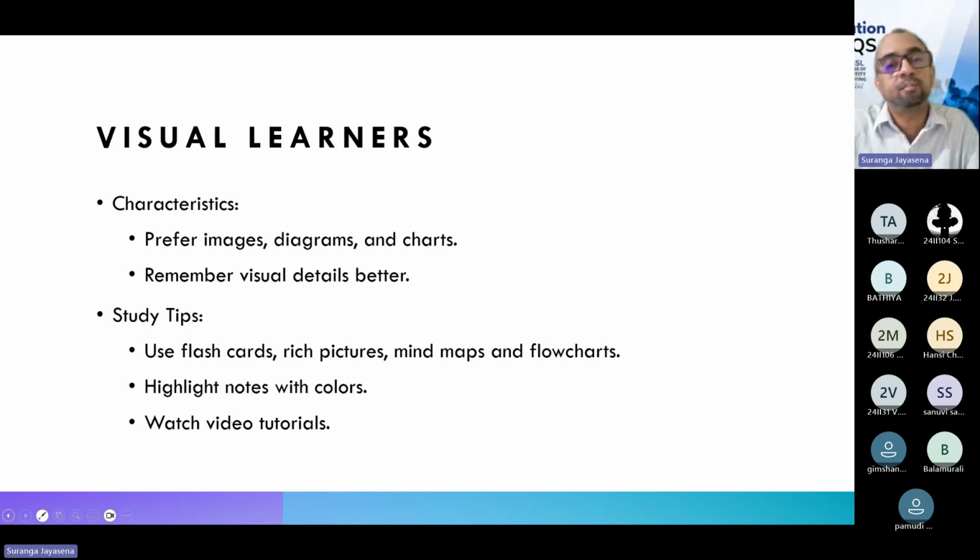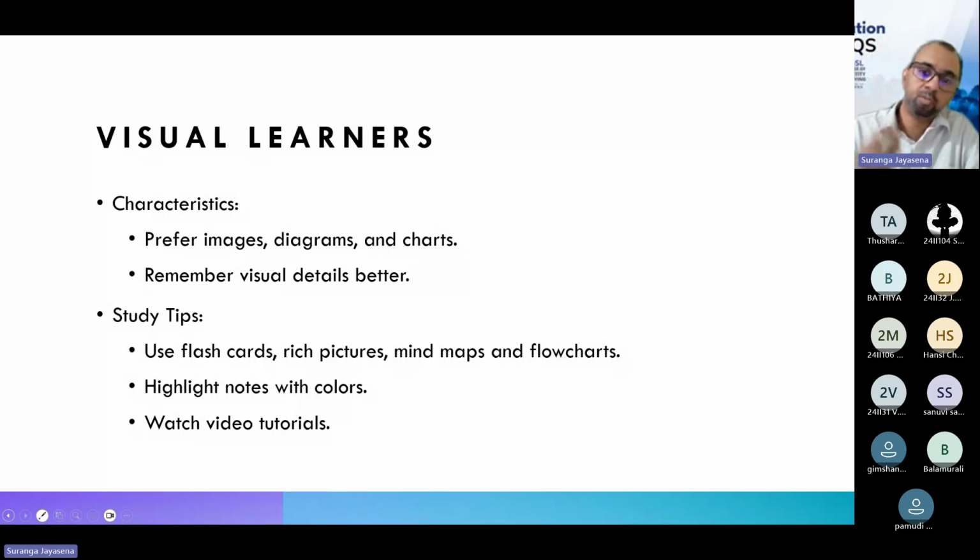Visual learners prefer images like diagrams, or sometimes even photographs, rather than a description. Or maps or charts, right?